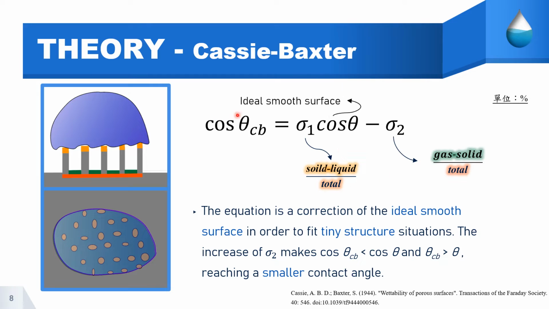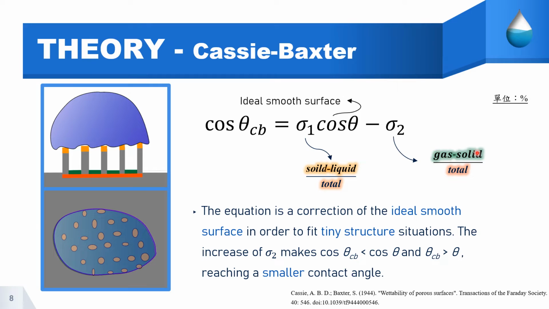So by looking into this equation, we have the sigma 1 and sigma 2. The sigma 1 is the total divided by solid liquid. You can see from this chart. So the orange part is total and solid liquid part is yellow.